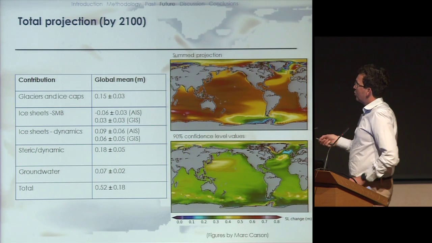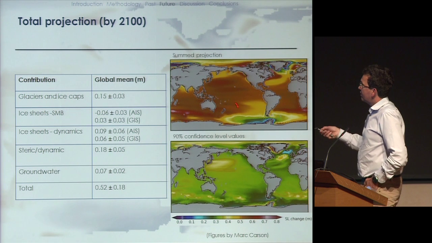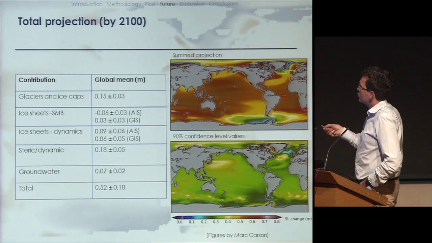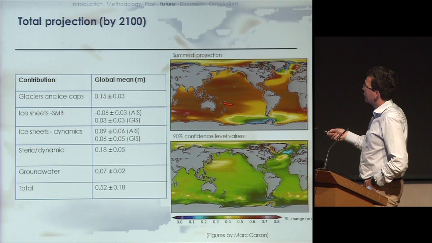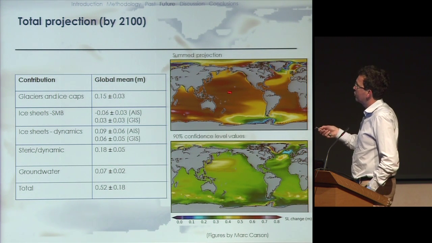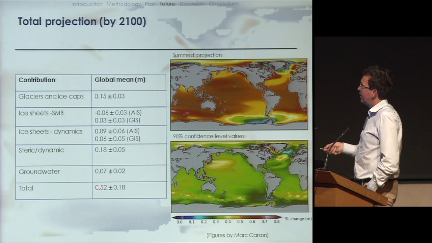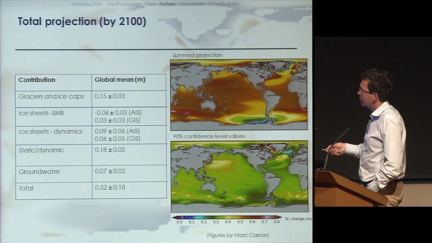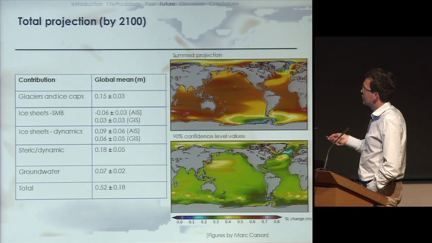So you can also sum up these different components, and that is what you see in the upper graph here. You see the total contribution for the 4.5 scenario, adding up to a little bit more than 50 centimeter and an uncertainty of 18 centimeters.